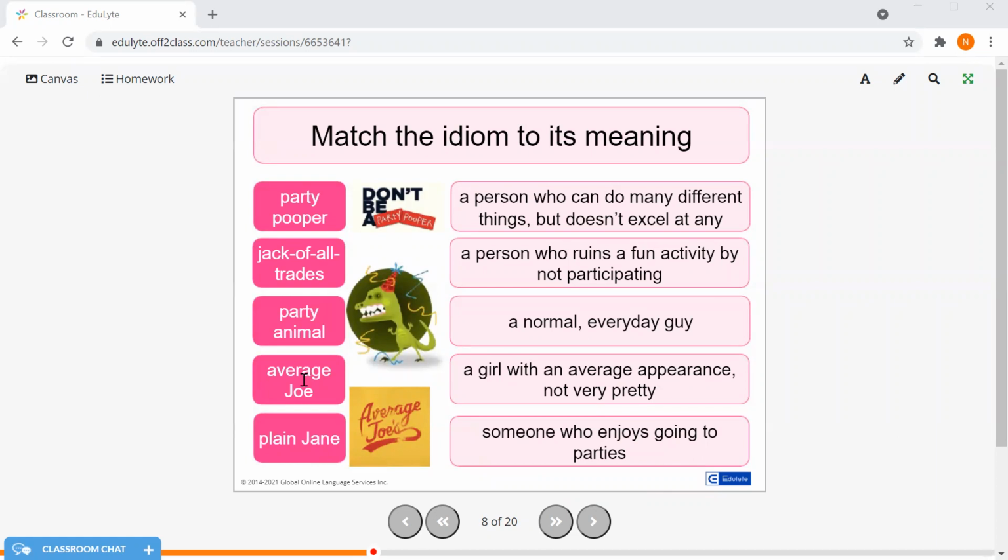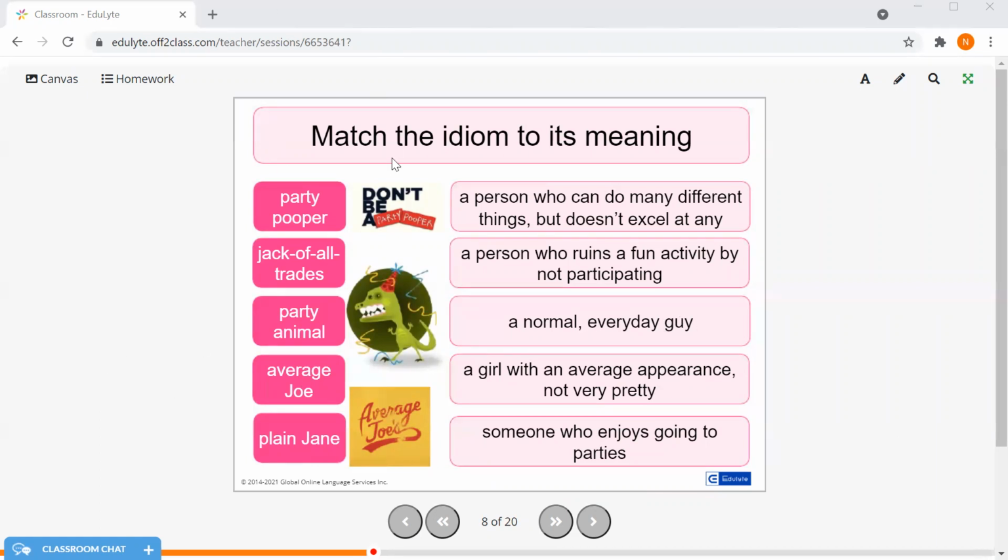Average Joe. Now, Joe would normally mean the name of a man, and Jane would be the name of a female or a girl. So average Joe would be someone who is very normal or regular. So an average Joe is a normal everyday guy.